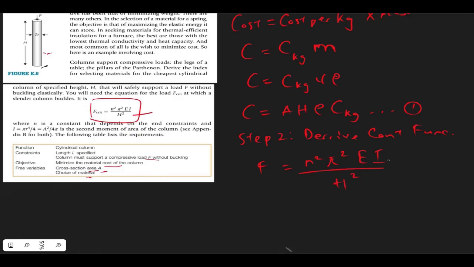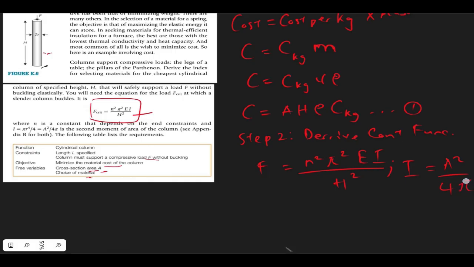That's the constraint function. Then I is given in the question here as pi r raised to the power 4 divided by 4, or A squared divided by 4 pi. So our free variable is in terms of A, not r raised to the power 4. So we're going to write I is equal to A squared divided by 4 pi.